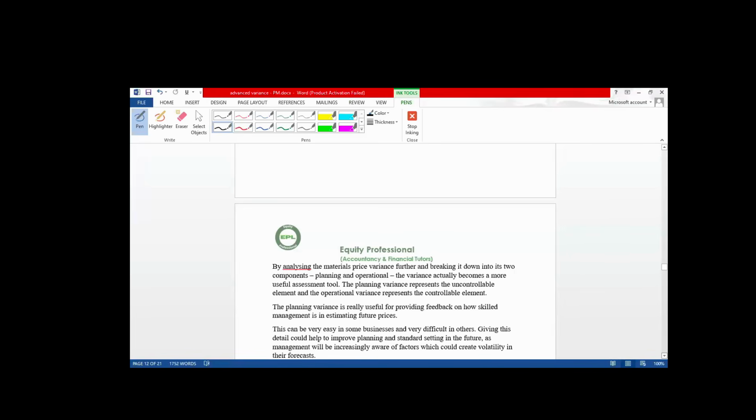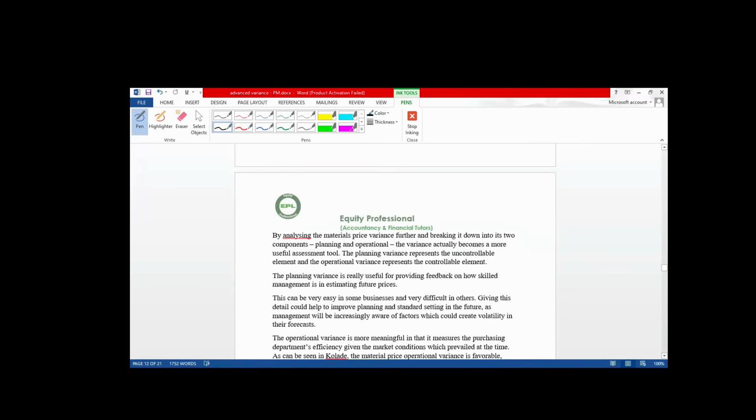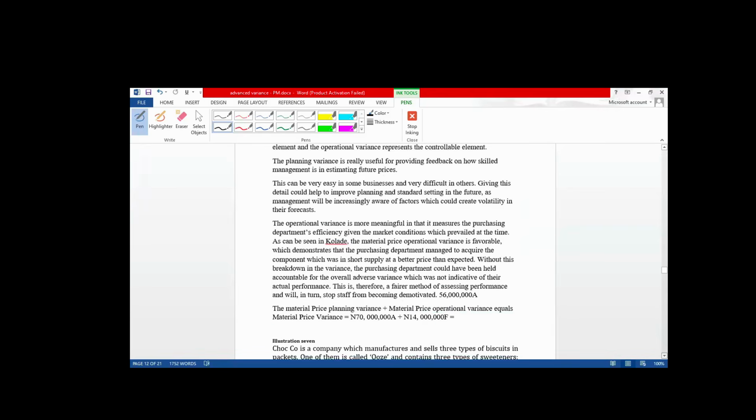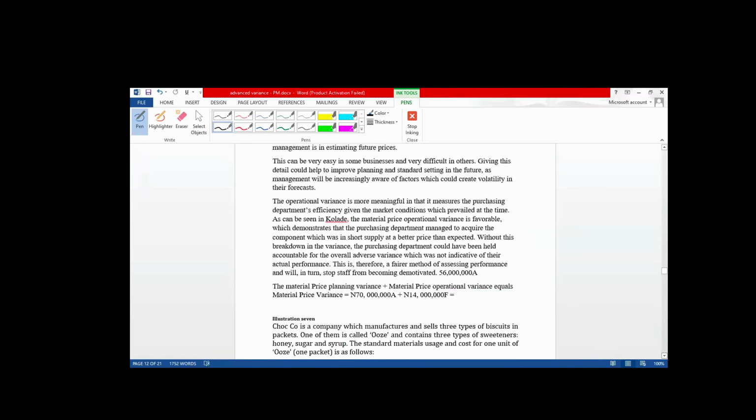The planning variance is really useful for providing feedback on how skilled management is in estimating future prices. You can do more of the reading. So we are done with this question.